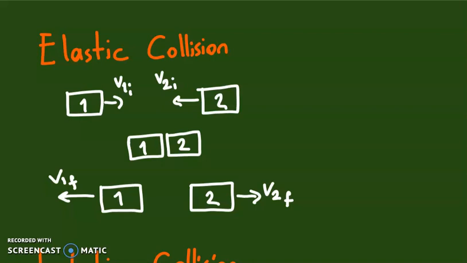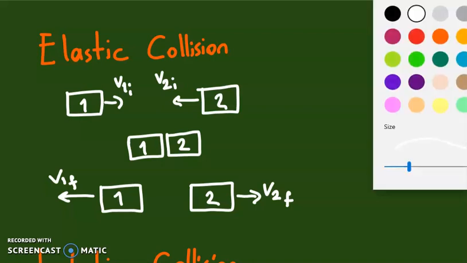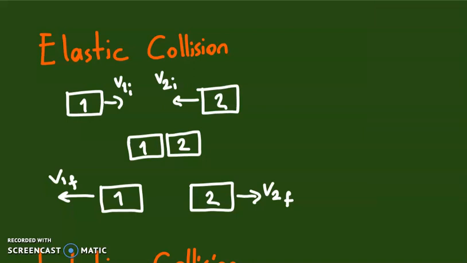So in this case, if you write the equation, what is the momentum before the collision? Let's write the initial total momentum. We have the mass of object 1 times velocity 1 initial plus the mass of object 2 times velocity of object 2 initial.